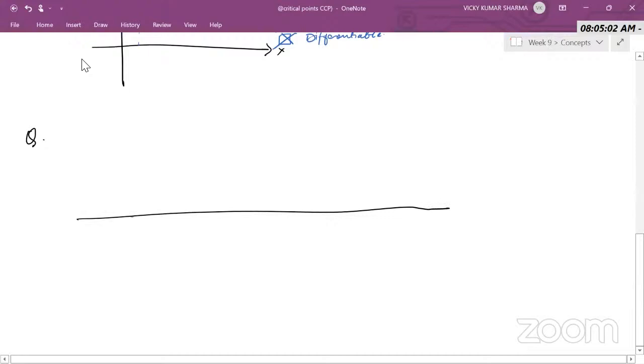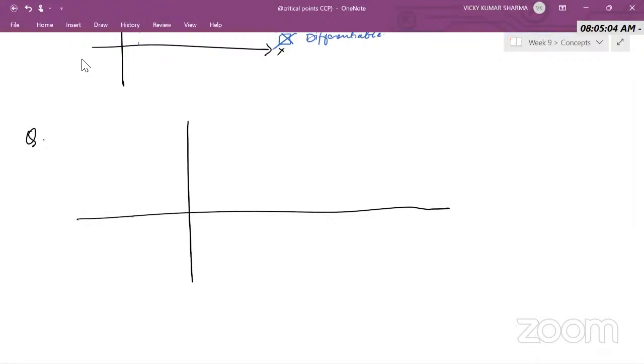So here I have a function, something like this. This will cover all the concepts we have discussed till now. Okay, so let's draw something. Maybe a curve like this. It goes down, and there is something like this. Let's say I have some condition like this.